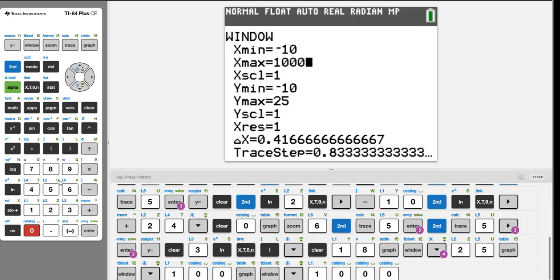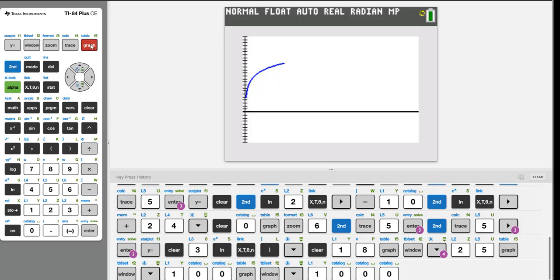I recommend increasing the x max and x mins, or y max and y mins, by powers of 10. Unless, like with y2 equal 18, you can see exactly where the maximum already is. Press graph. We can see the intersection point on this graph. As I stated in an earlier video, sometimes you must go searching for an intersection point. In this example, I changed my window 3 times.